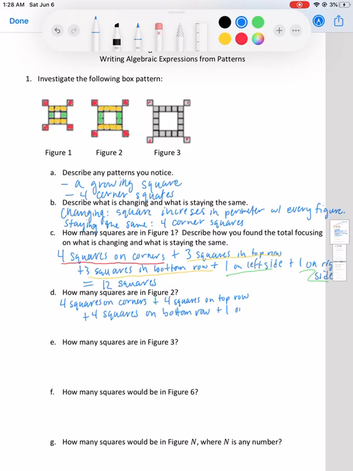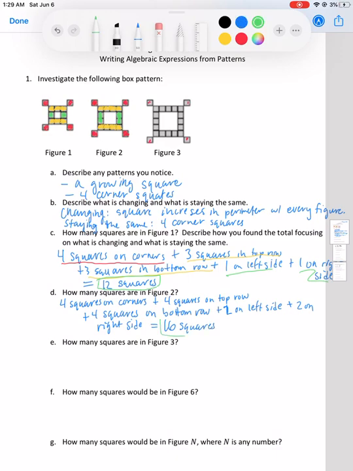Plus 2 on the left side. Plus 2 on the right side. Okay, and so when you sum all those together, you get 4 plus 4 is 8, plus 4 is 12, plus 4 more is 16. Okay, so we have 12 squares on figure 1, and then 16 squares on figure 2.